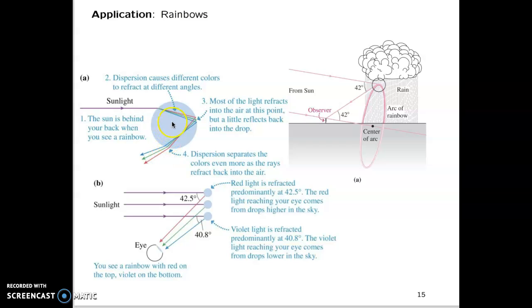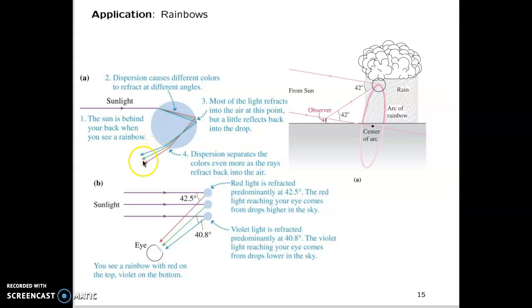Okay, so we have dispersion happening twice. So white light is coming in this direction, and through dispersion, refraction, and reflection, we get this effect where light ends up being directed not back to where it came from. It's directed a little bit down here, if the light happened to be going in this horizontal direction.